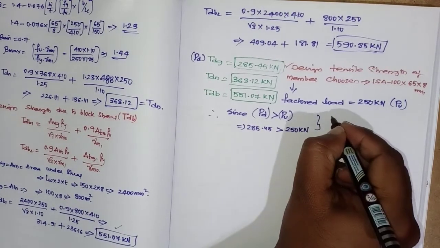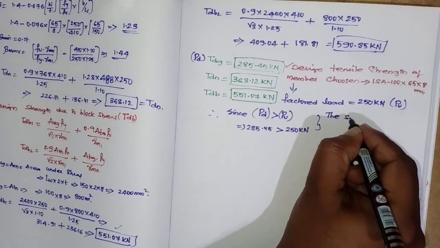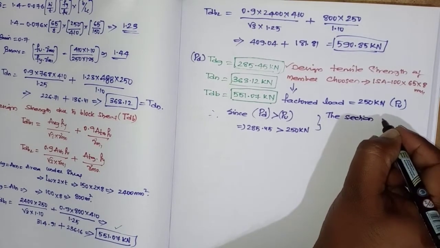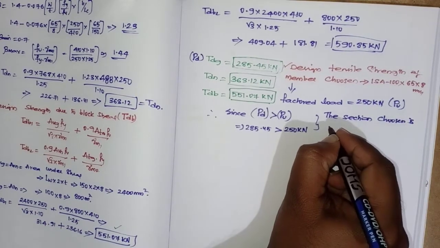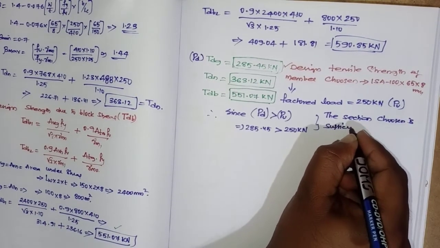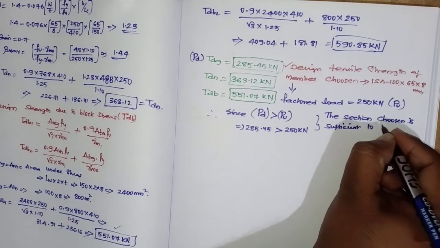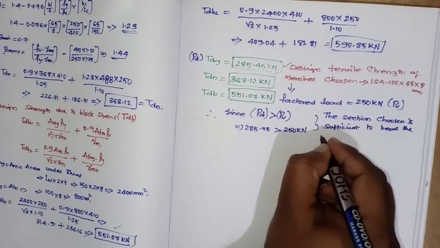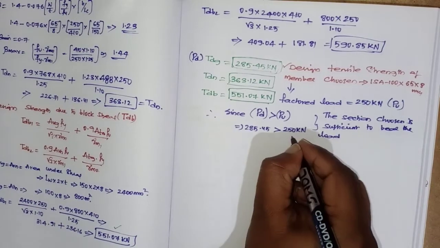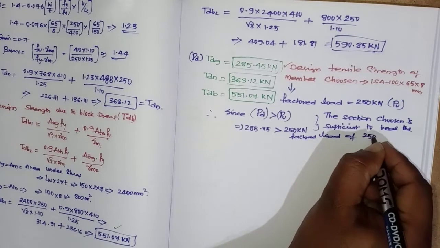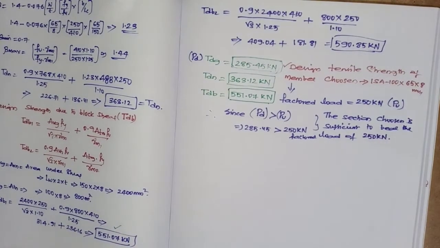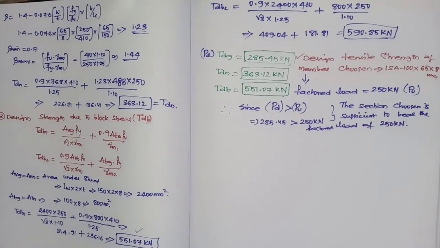Hence, the section chosen is sufficient to bear the load. What load? Factored load of 250 kilonewtons. This is the statement you have to mention. And in the question they have specially mentioned to check for slenderness ratio.